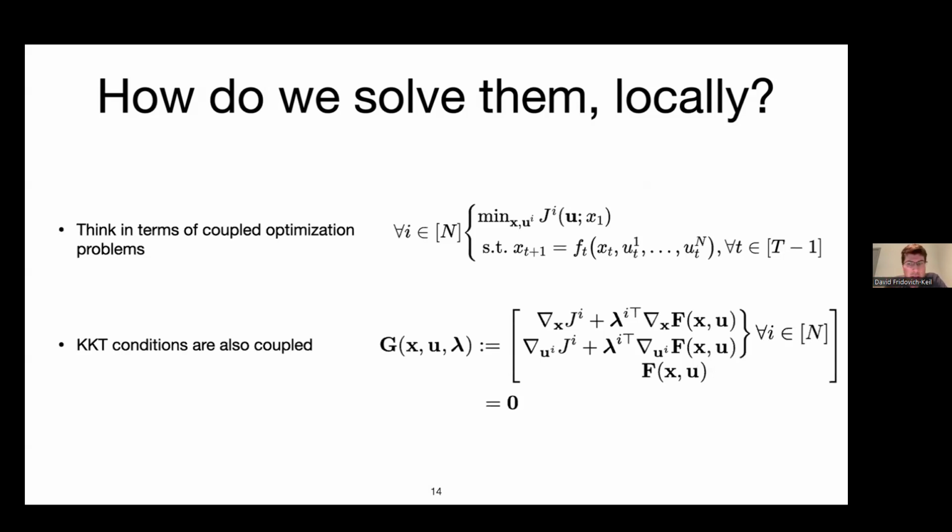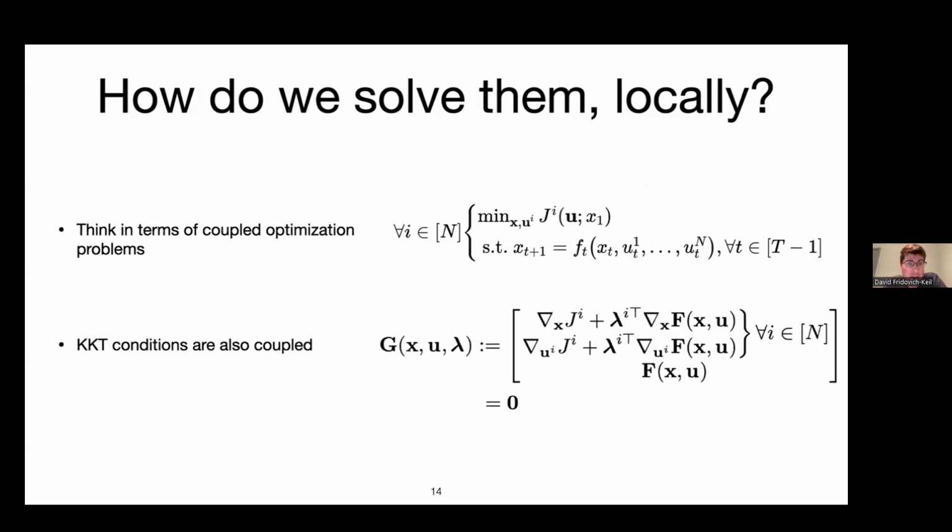If you write down the KKT conditions for each player, each agent, and just stack them all up, you'll get something like this. Here I've introduced Lagrange multipliers lambda for these constraints, and I've written down the Lagrangian. I've taken the gradient of the Lagrangian with respect to the primal variables for each player, stacked all that up, and enforced these equality constraints.